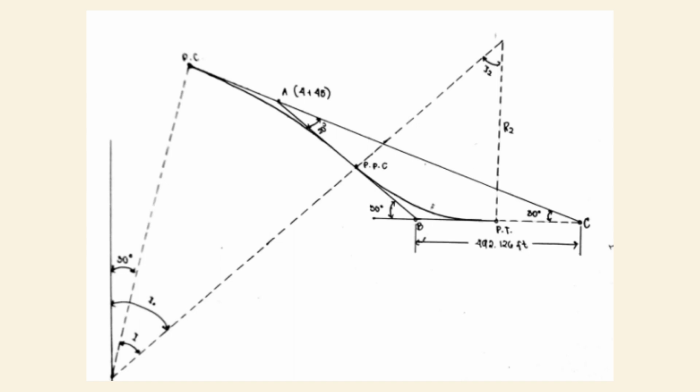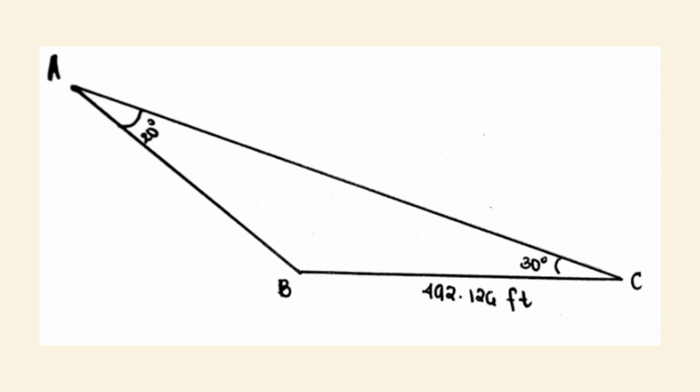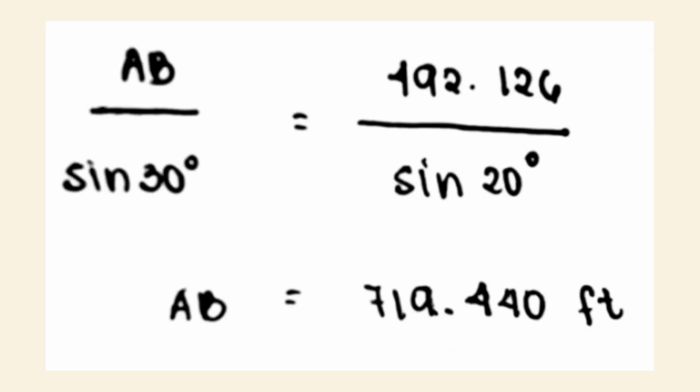So our figure would roughly remain the same, but 150 meters would now be 492.126 feet, while the stationing would now be 4 and 45. From the figure, we have a triangle with points A, B, and C, and the length of BC as 492.126 feet.